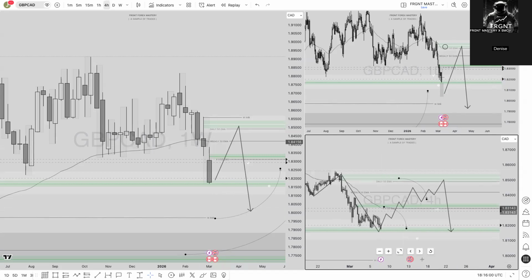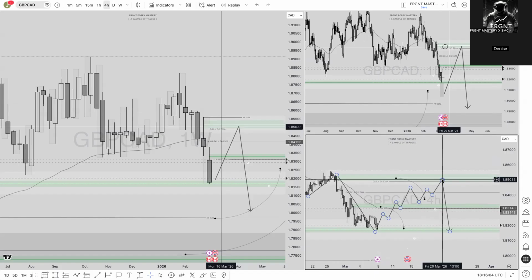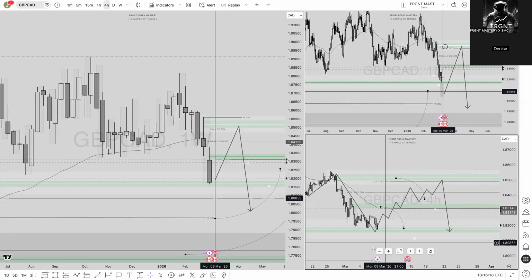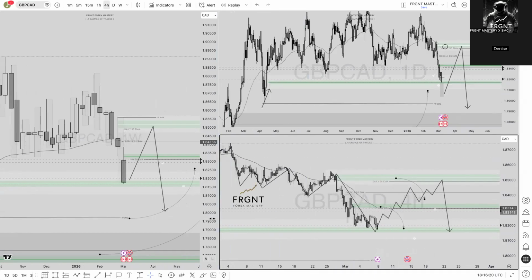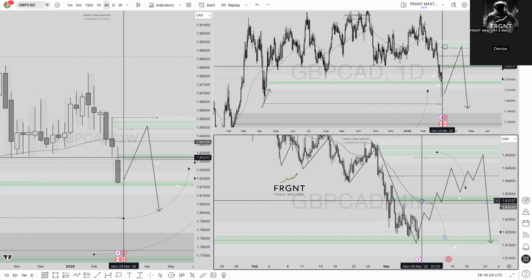Of course, we'll always need confirmation before looking to take a short. If you're not willing to wait for confirmation, then at least be trading alongside what the 4-hour time frame is doing. What I mean by that is if you're saying, "Charles, should I take a long here or should I take a short here?"